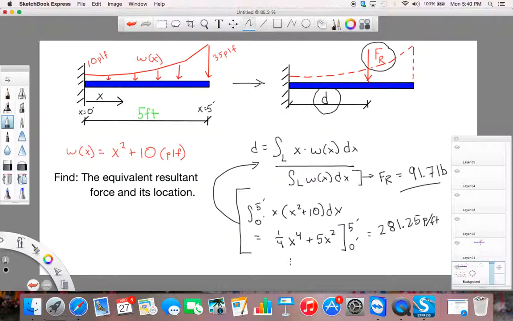So our actual value of d, right over here, is 281.25 pounds per foot. I'm sorry, pounds foot, divided by 91.7 pounds. So we have d is 3.07 feet.